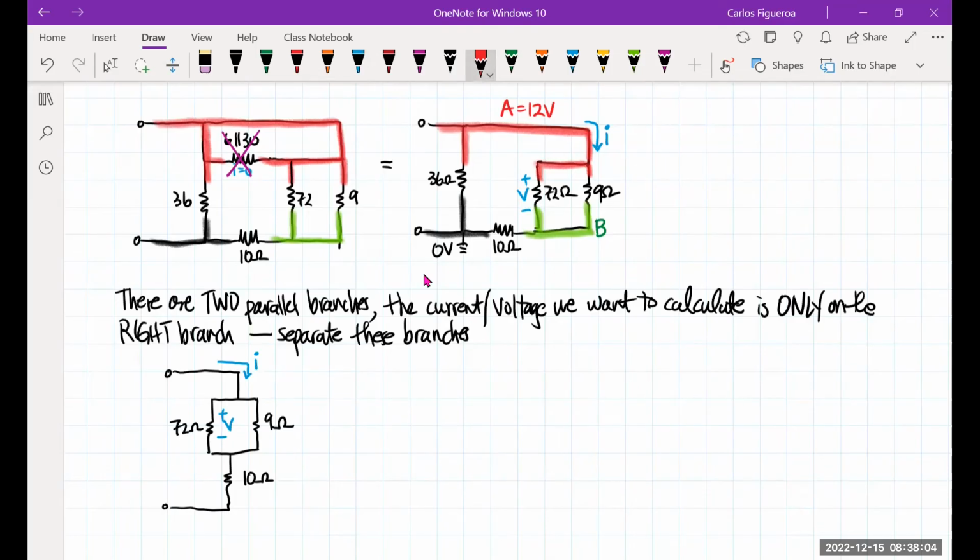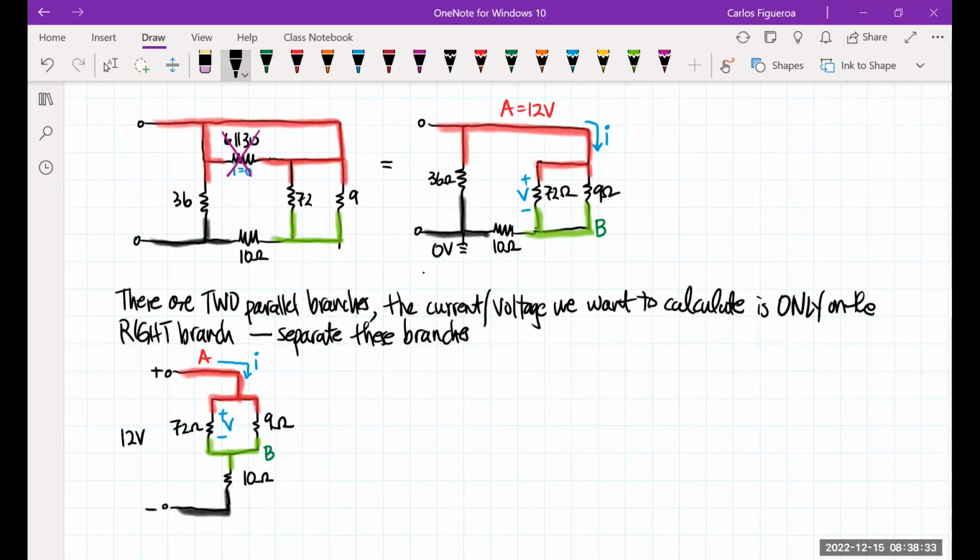So again, you're seeing my colors just to make sure that we're really following how I'm breaking these guys up. So here we go. We know that from this node to that node, it's 12 volts. We know this is A, and we know this is B right here. So let's look at that.